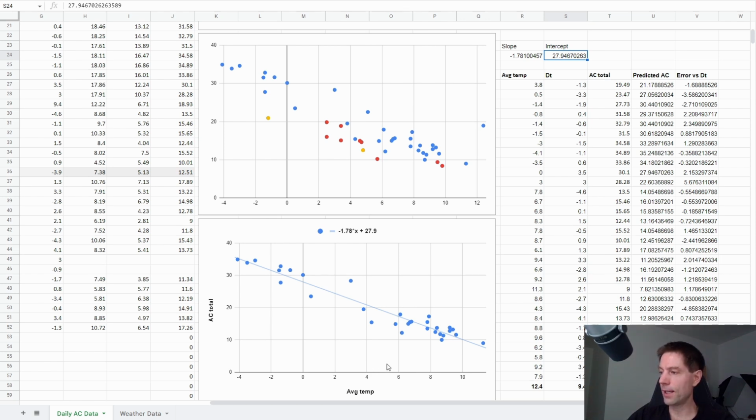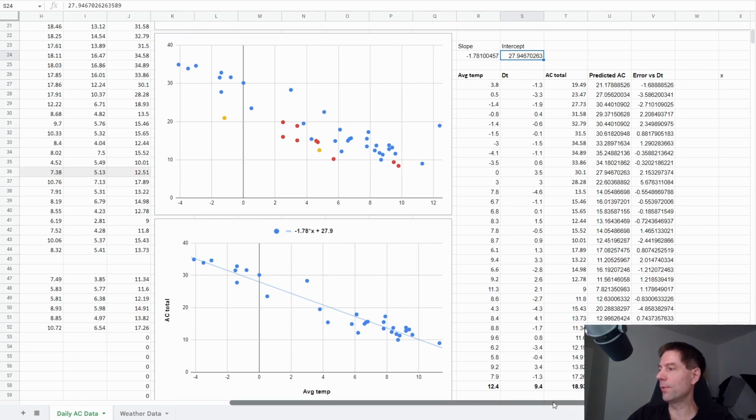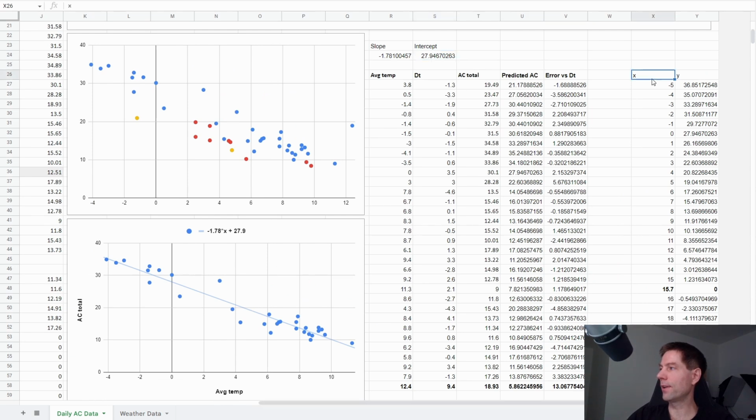So let's say 5 degrees. We would go to the x-axis at 5 degrees here, read up onto the line, and read across to see what that means in terms of the heating load. And just to make that a little bit easier, I've stuck a couple of extra columns along the side to represent that.